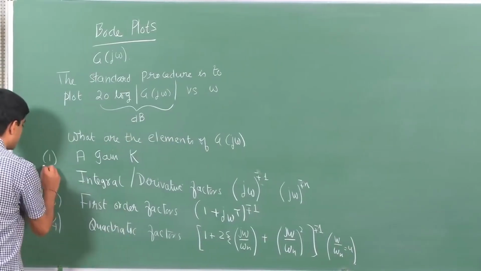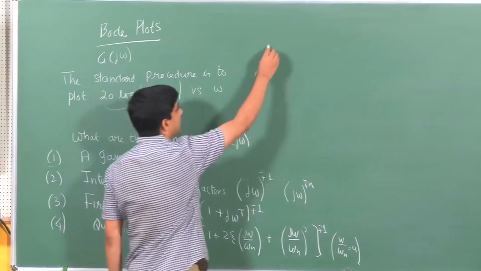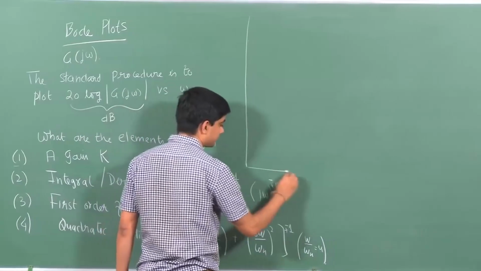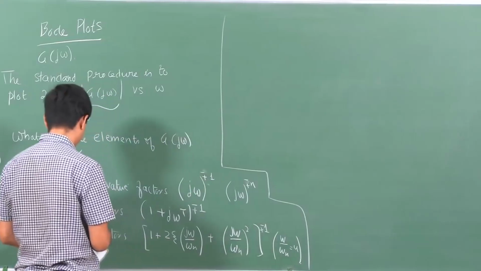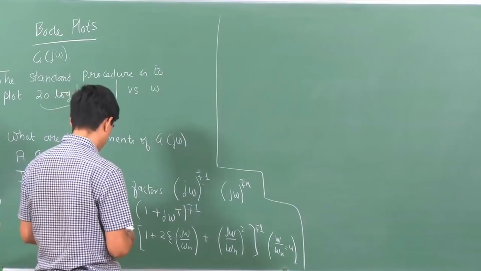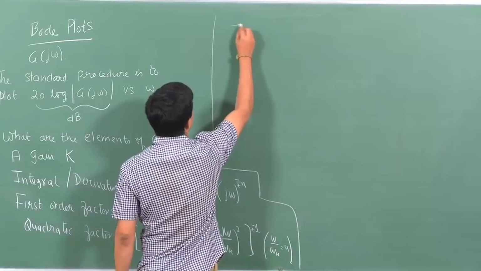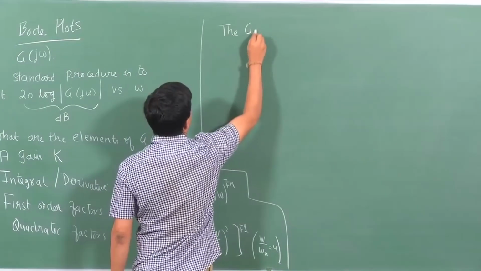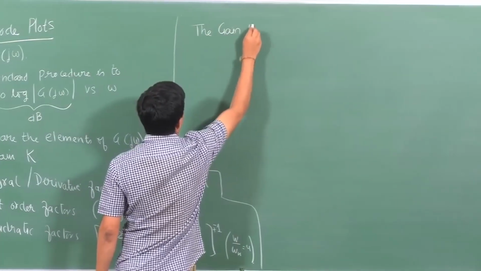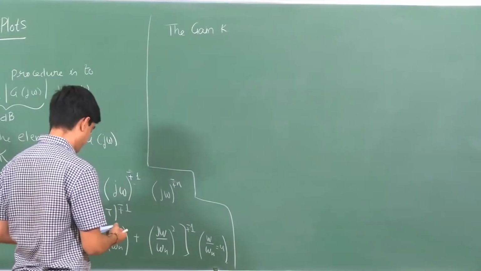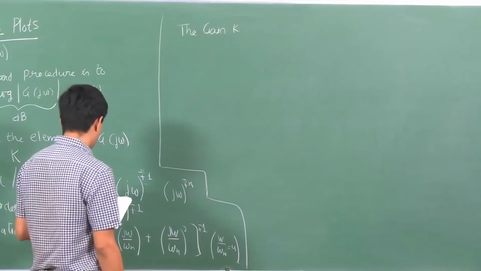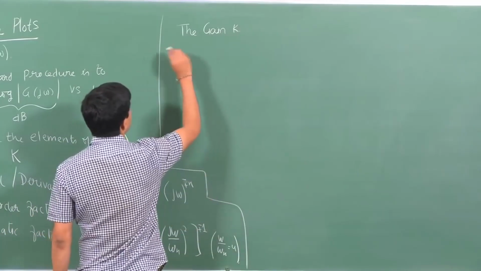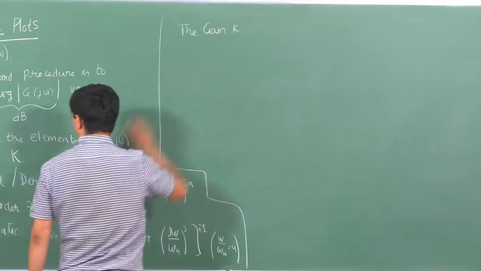Okay, let's start with the most basic of all these things. Let's say my transfer function just has the gain term K. What will we usually do?